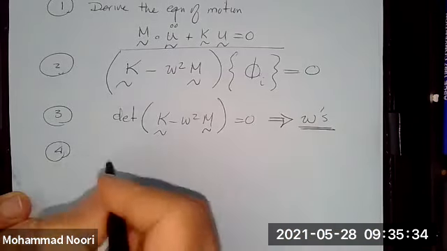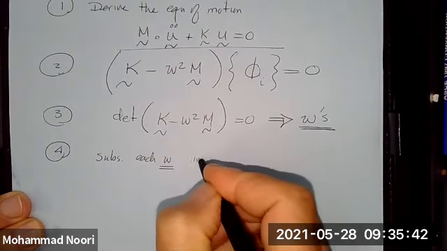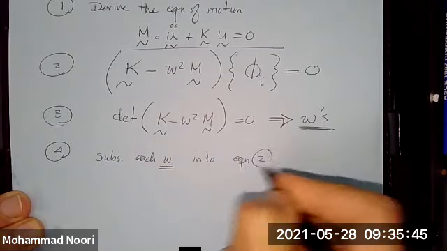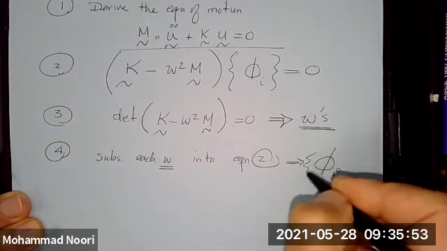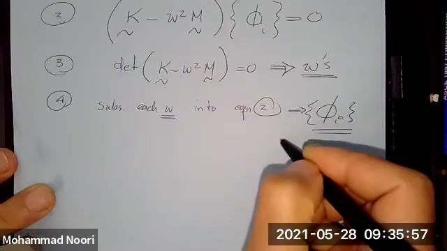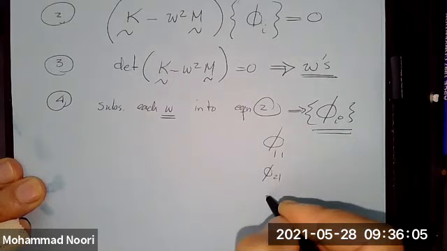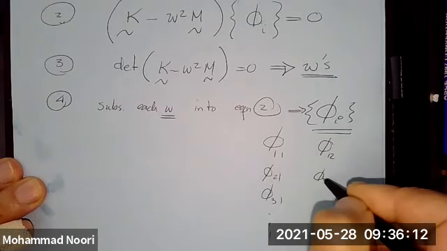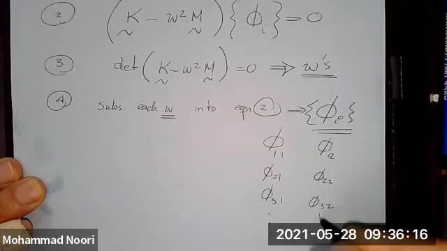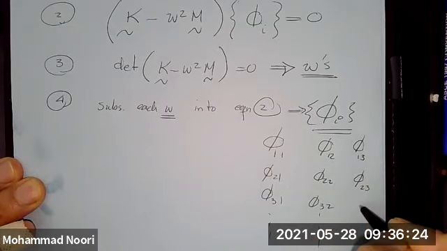Now you substitute each omega into equation 2, this one, and you find the corresponding mode shape that is like this: phi11, phi21, phi31, etc., or phi12, phi22, phi32, if you have, or phi13, phi23, phi33, and so on.